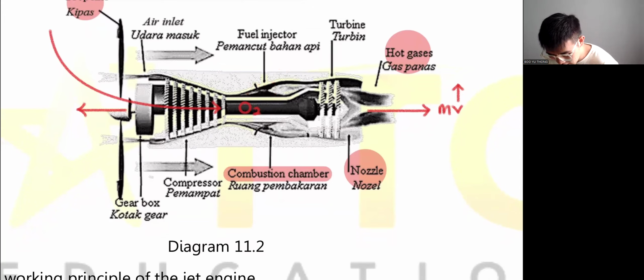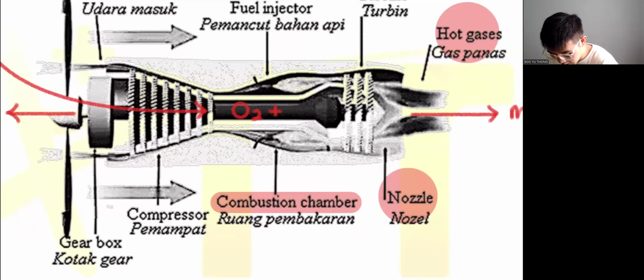Now, other than that, what else is needed in combustion in order to start a fire? We need heat, and we also need fuel, right? You need oxygen and something to burn. The fuel is basically the oil, the bahan api. Then combined with some heat, you need temperature.